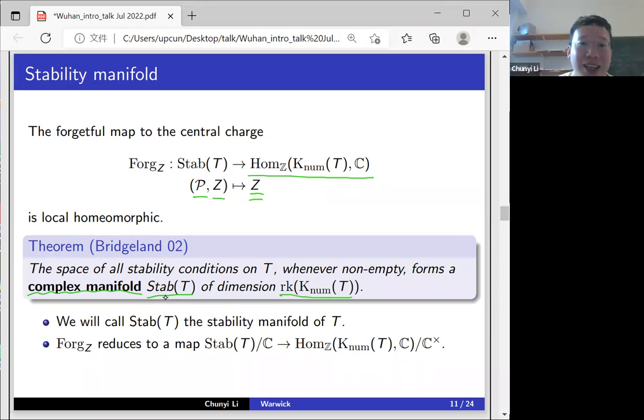So it's a complex manifold with this dimension, which is not very hard to compute for any given triangulated category.